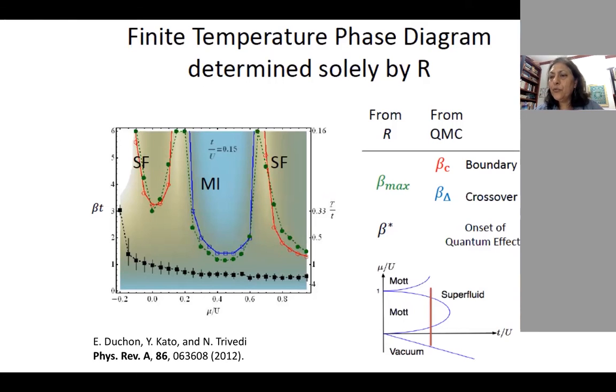So the entropy would be reduced by this kind of ring exchanges, or you can call it entanglement. That's a very profound, very good question. More questions?